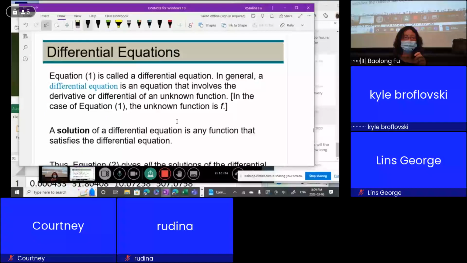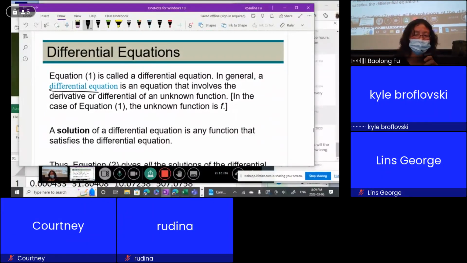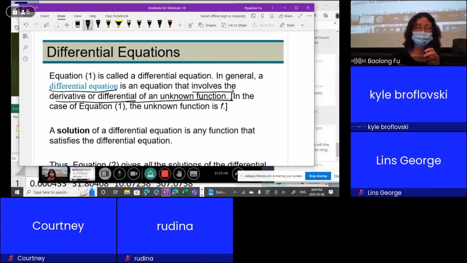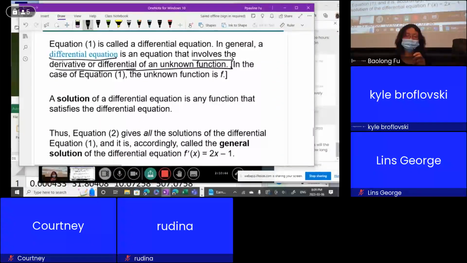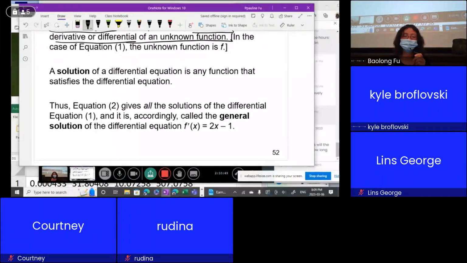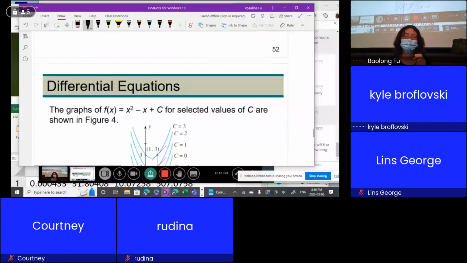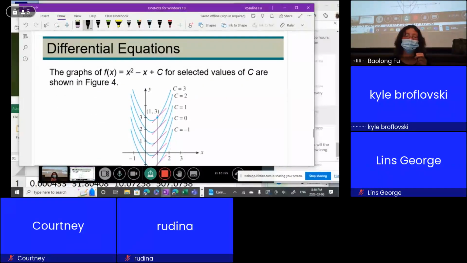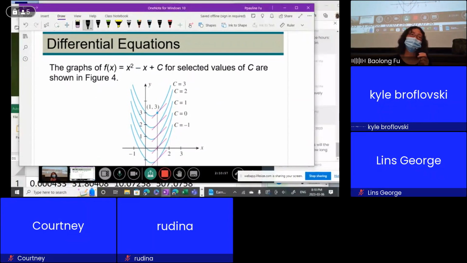So this is an example of a differential equation. It is an equation that involves the derivative or differential of the unknown functions. All right, so remember when you did the antiderivative functions, you have many.